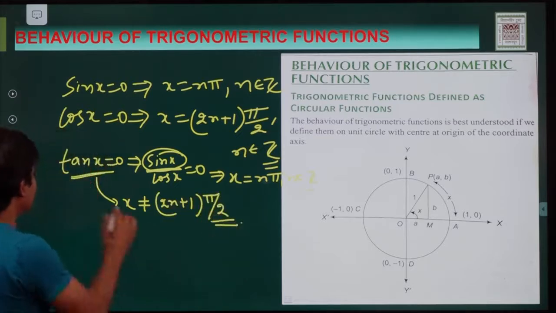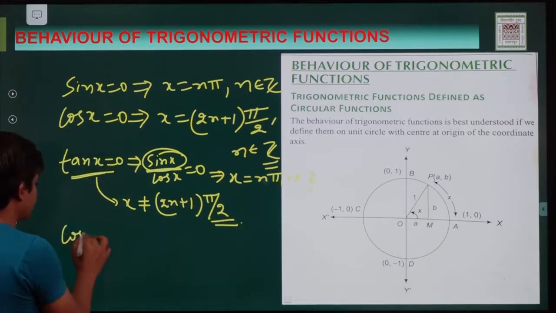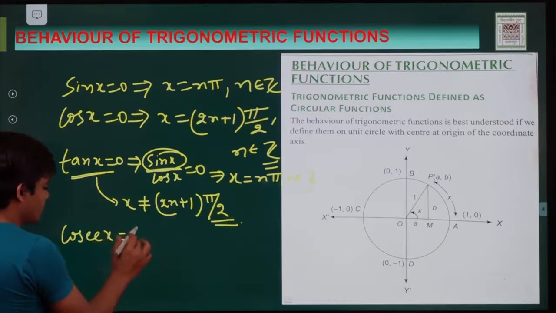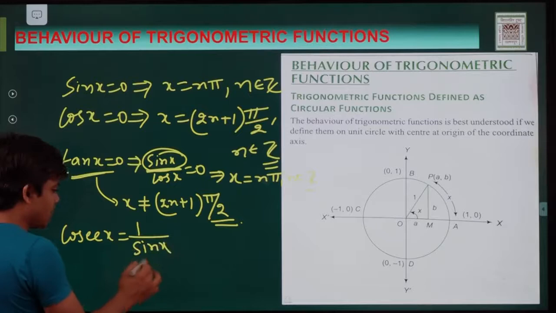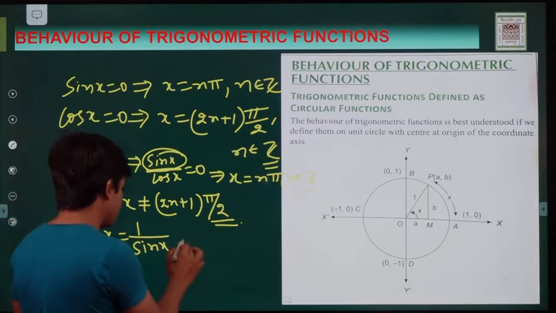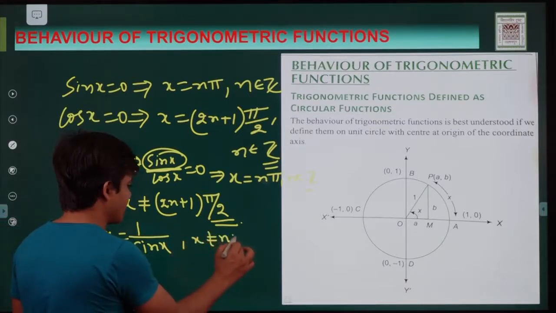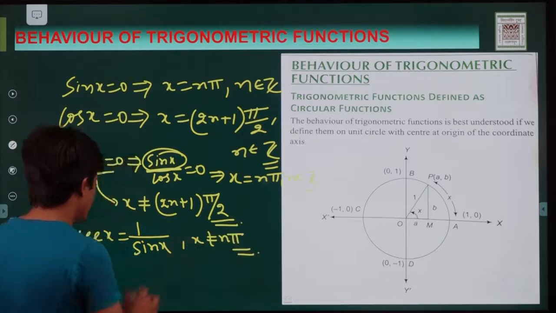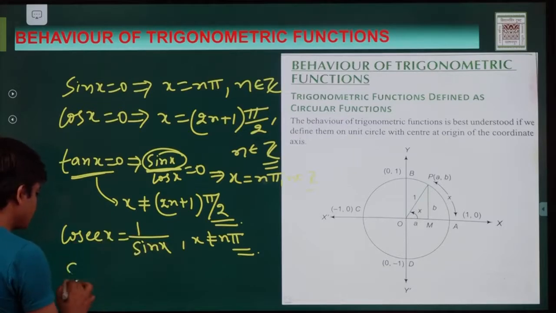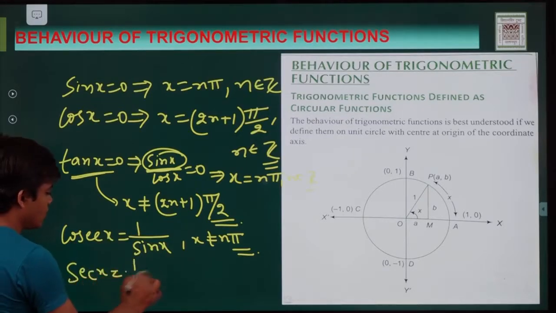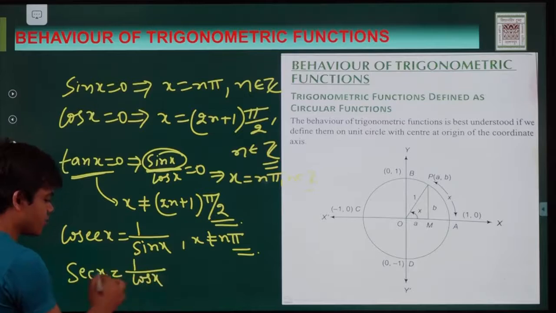Okay. When we discuss cosec x, then cosec x is what? 1 upon sin x. But remember this formula with the condition that x is not equal to n pi, because if this is n pi, then 1 upon 0 is undefined. Sec x is what? 1 upon cos x, the reciprocal of it.